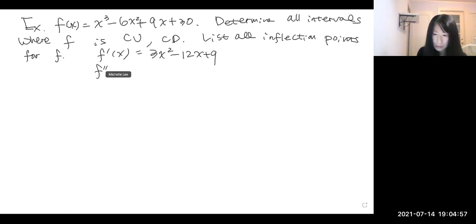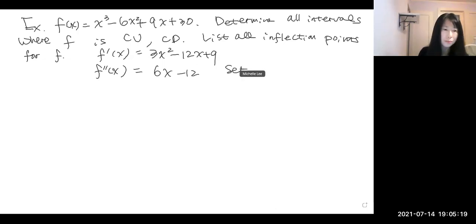Now f double prime is 6x minus 12, right? Then set it equal to 0.